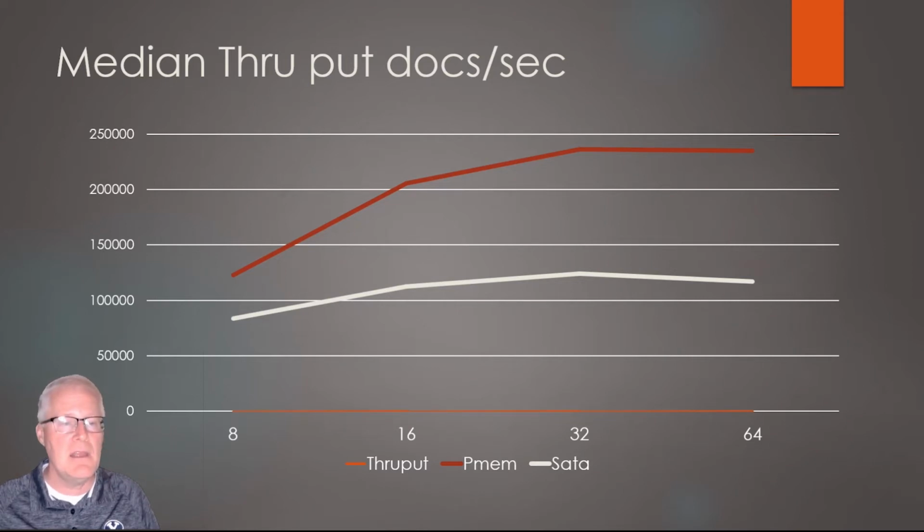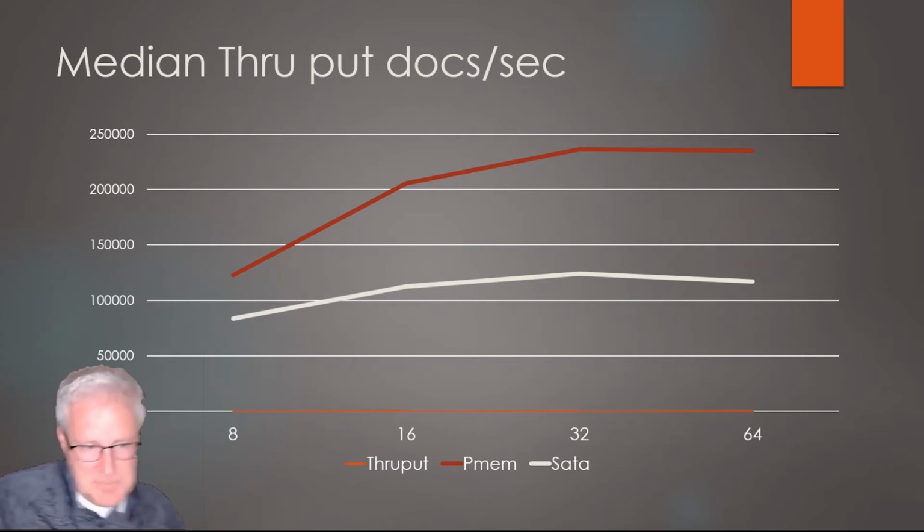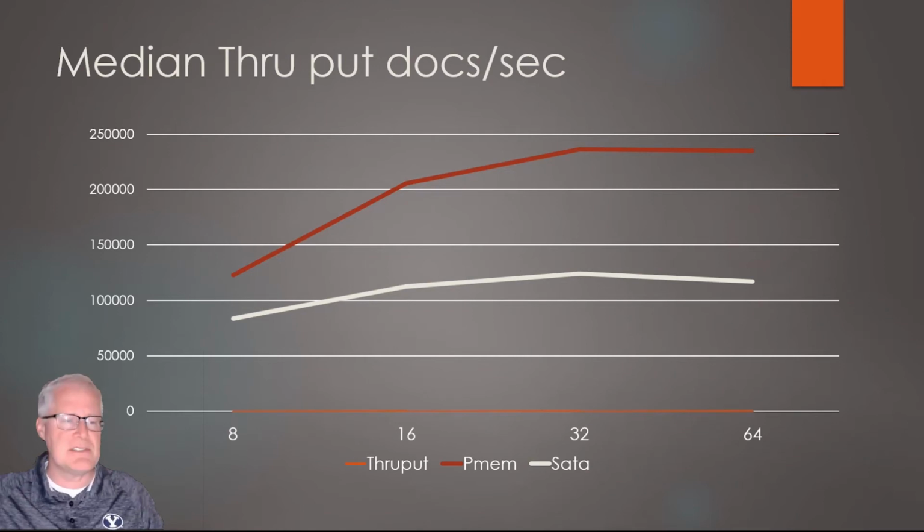I actually was surprised. It started teetering off. I didn't try 128. Maybe I'll try that next. But I started seeing this steady state. So I knew I was probably at the optimal where I wanted to get to. 32 clients seems to be optimal on throughput, on ingestion.